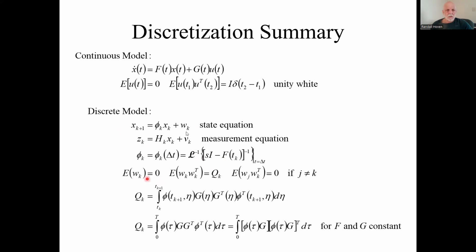The mean of that W is zero. This covariance matrix is zero if J is not equal to K. We call this covariance matrix Q sub K, and we had a way to compute that. And my students only had to worry about this guy, not this guy, which is usually a little bit more tedious to work. This guy works when the F and G are constant.